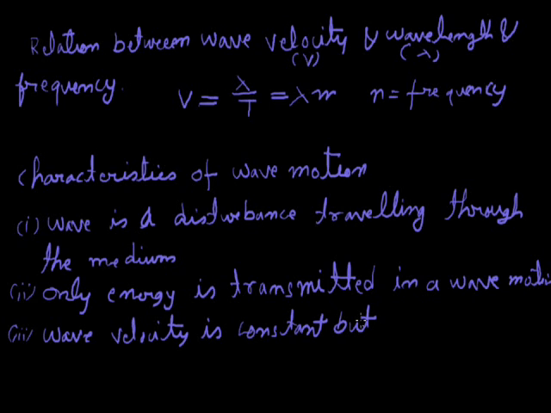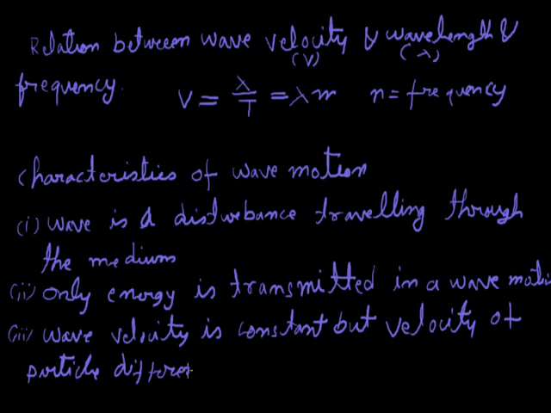But the velocity of a particle is different at different positions. So wave velocity is constant, but the velocity of a particle is different at different positions.